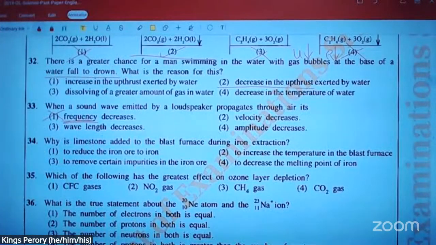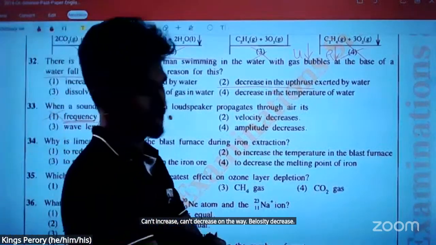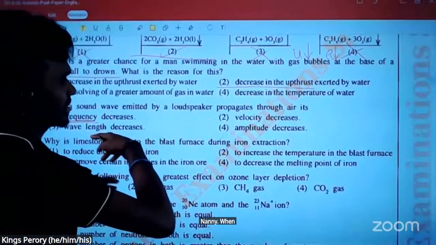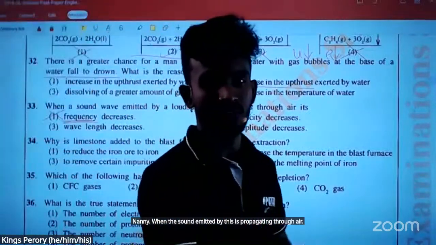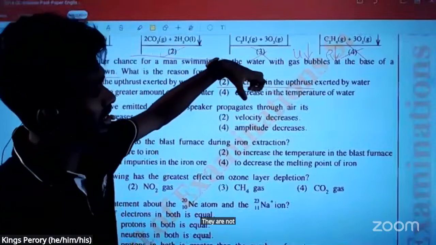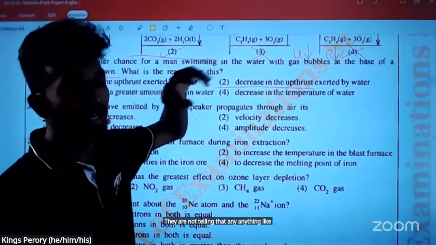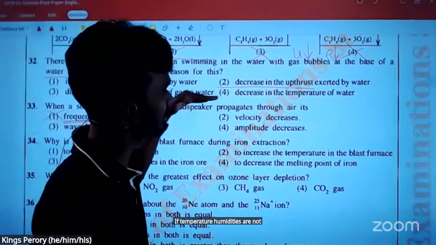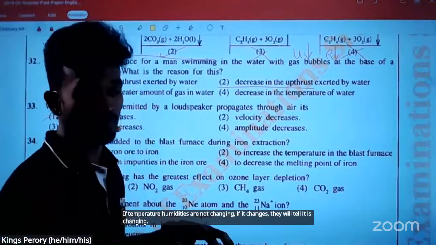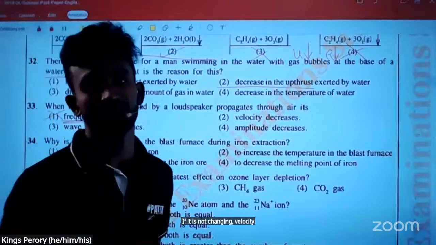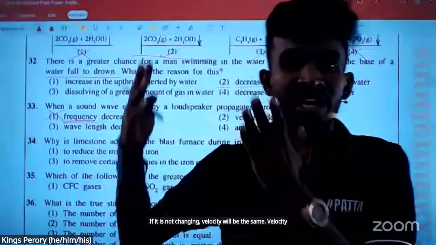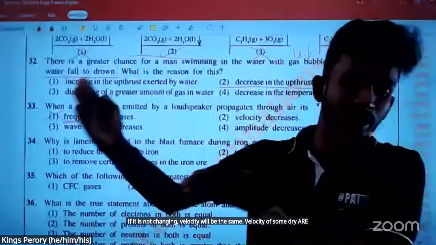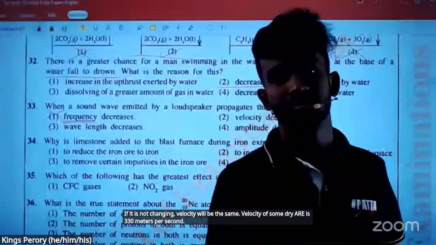Velocity decrease? When the sound emitted is propagating through air, they are not telling that anything like temperature or humidity is changing. If it changes, they will tell it is changing. If it is not changing, velocity will be the same. Velocity of sound in dry air is 330 meters per second.